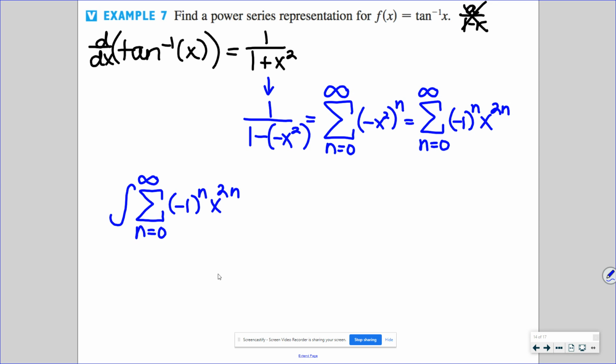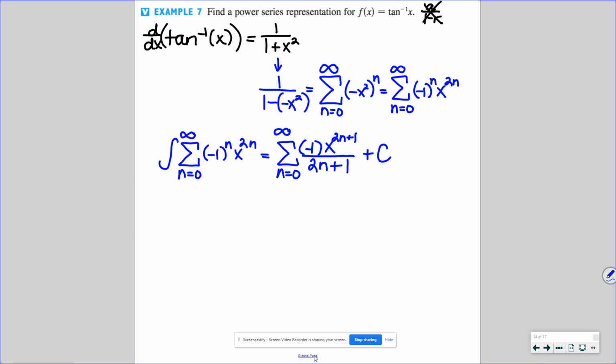All right, remember the rules for anti-deriving something. The rule is you add 1 to the power. Now remember, this is a constant, so it is unaffected. You add 1 to the power, so it would be x to the 2n plus 1, and you divide by the power, which is 2n plus 1.